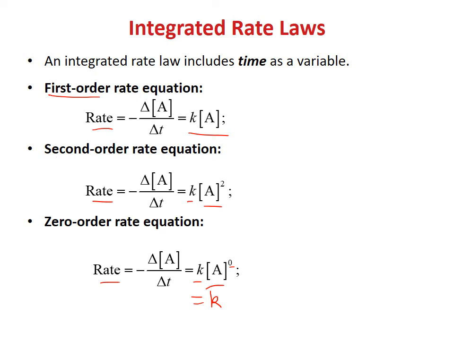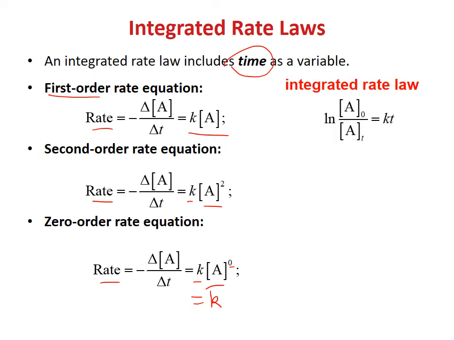In kinetics, there's another type of question, and that is, after a certain time, for example 30 seconds, what is the concentration left? In other words, we want to know the concentration at a certain time. This type of question can be answered by the integrated rate law.